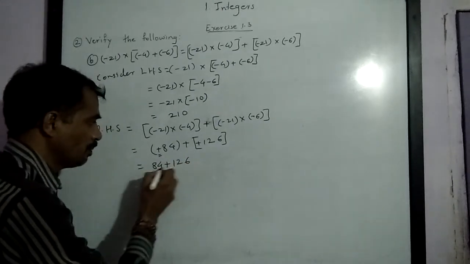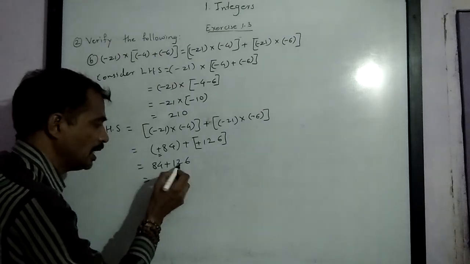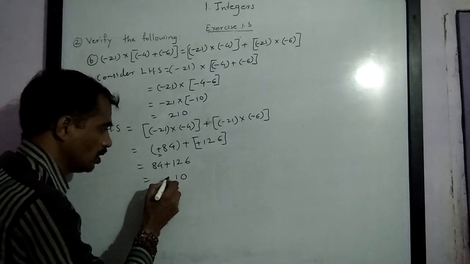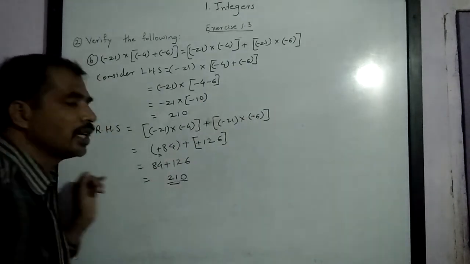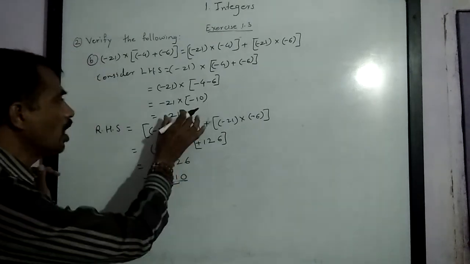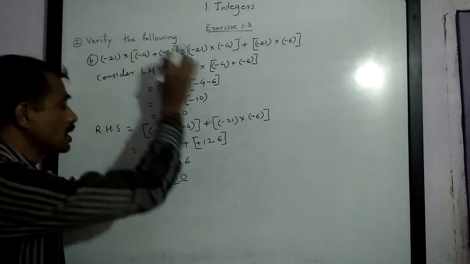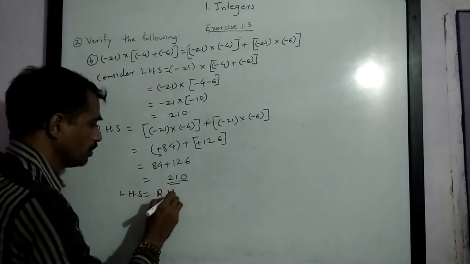It means 6 plus 4 is 10, 1 carries, 8 plus 2 is 10, 10 plus 1 is 11, 1 carries, again 1 plus 1 is 2. So if you are not able to do the horizontal addition, you can do the vertical addition as well. So here we have got LHS is equal to 210, RHS is equal to 210, it means LHS equal to RHS.